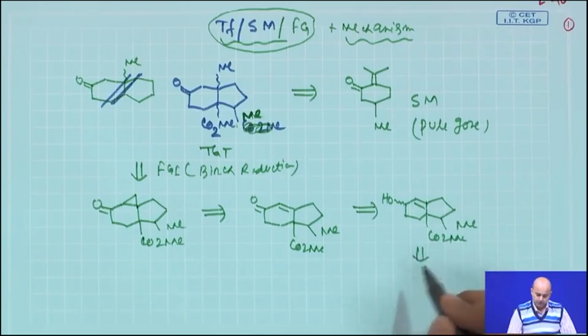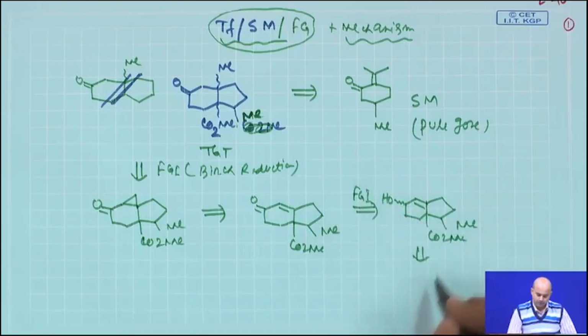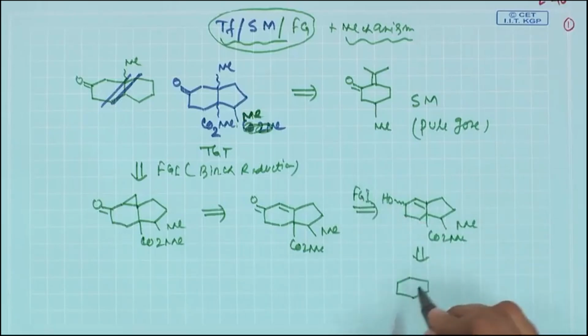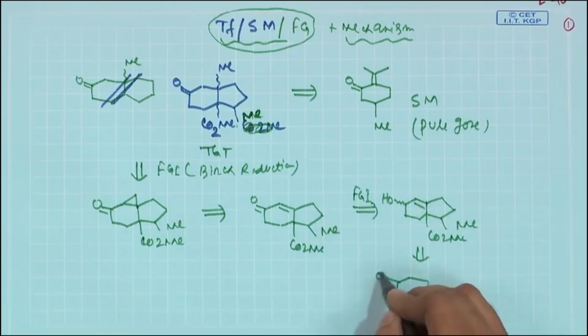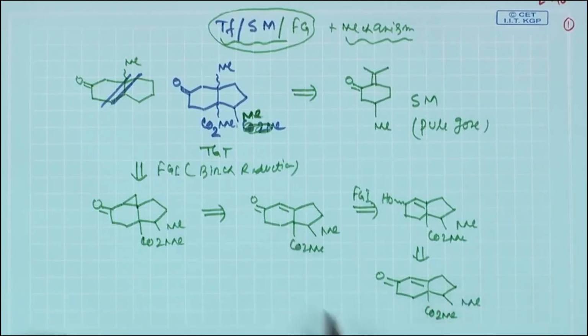Now, for the alpha beta unsaturated ketone, we can simply do a disconnection based on a known reaction, which is the Luche kind of reduction, and this gives the same intermediate.